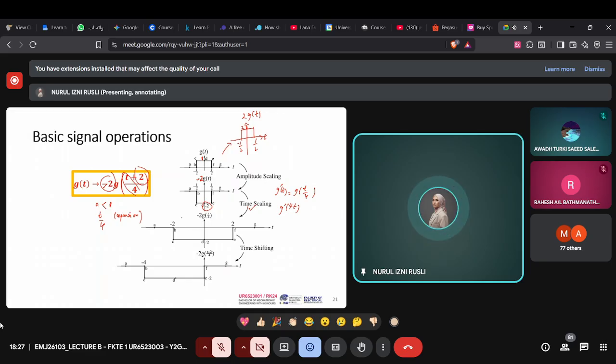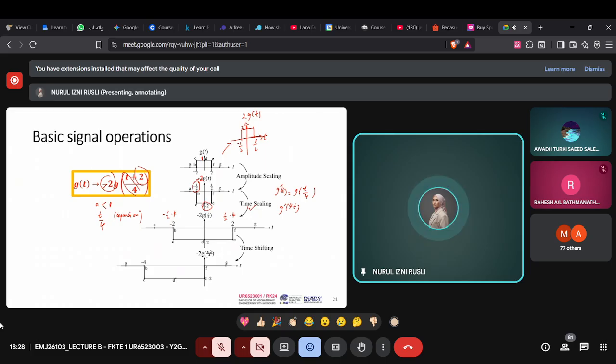So here the value of t minus 1 over 2, you multiply by 4, you get minus 2. And here 1 over 2 you multiply by 4, you get 2. So now we could say that your signal is somewhat being expanded with respect to the t axis because it's no longer 1 over 2 but now it is 2. This is also no longer minus 1 over 2, this is minus 2.